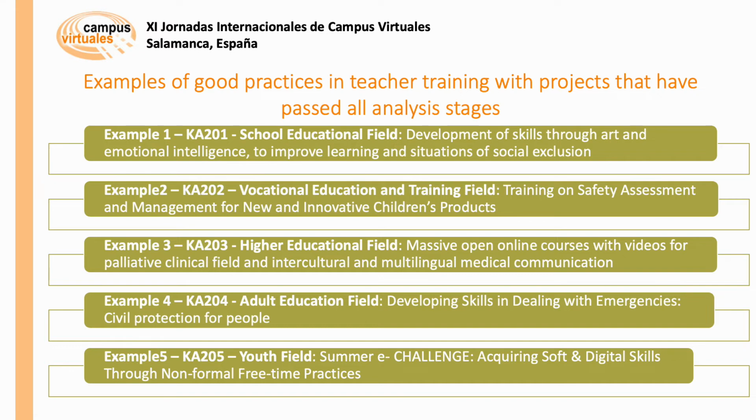The third example, of higher education, is a massive open online course for the palliative clinical field and intercultural multilingual medical communication. The fourth focused on adults and worked on developing skills in dealing with emergencies. And finally, the fifth, of youth, is connected with acquiring soft and digital skills through non-formal free time practices.